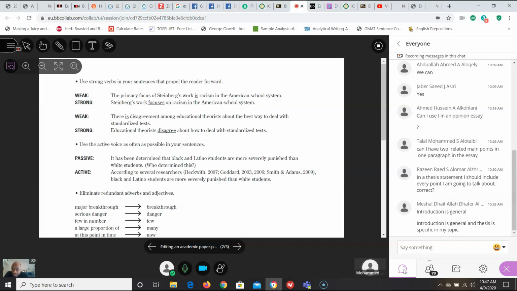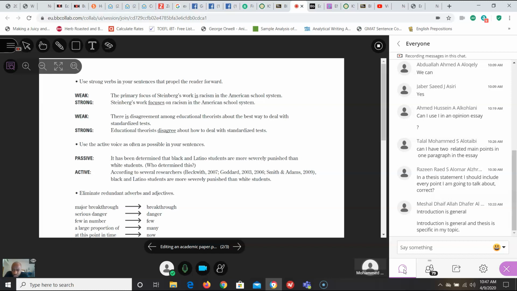Here's an example. It has been determined that Black and Latino students are more severely punished than white students. Okay? Who determined this? All right? That's a passive sentence. Let's look at an active sentence. According to several researchers, and then you got the researchers there, that looks like APA formatting.